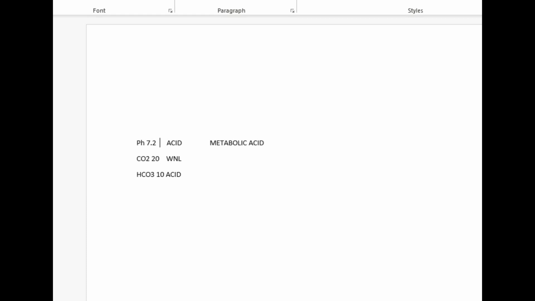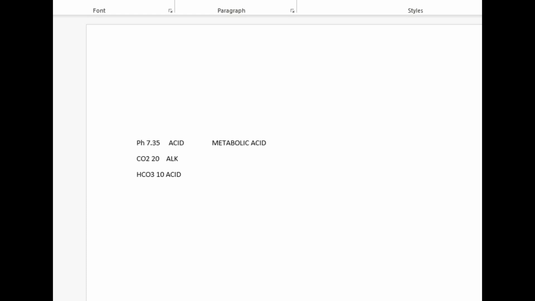Now, if our pH was, let's say, 35, that's within normal range. It's within normal range, but we're looking at the CO2 being alkaline and this being acidic because it's low.